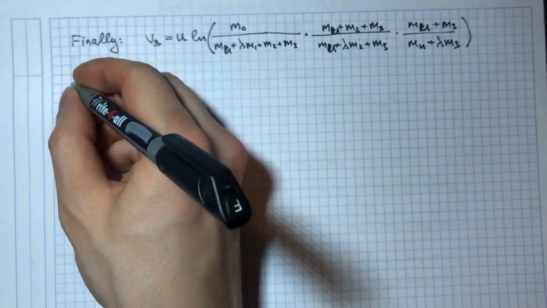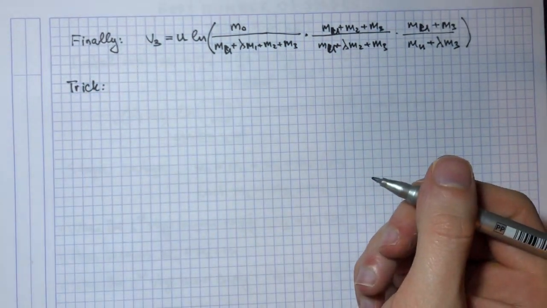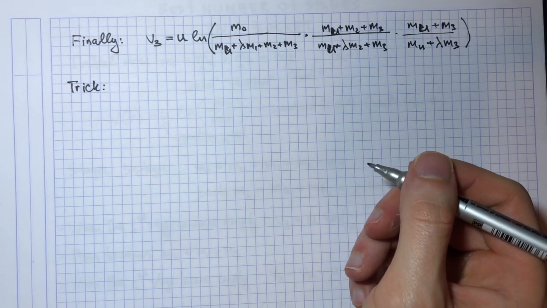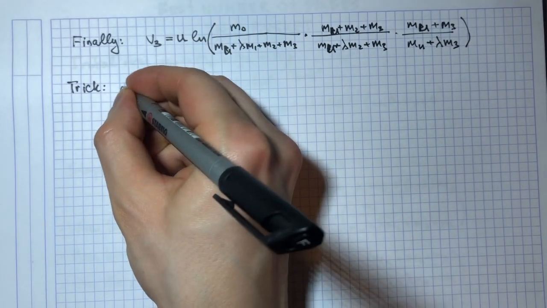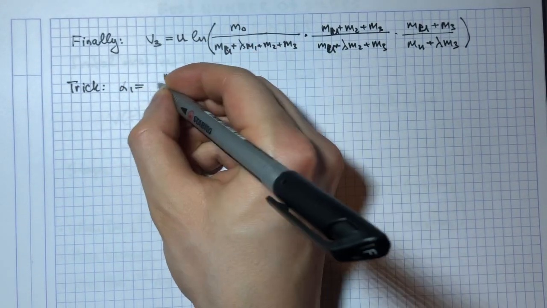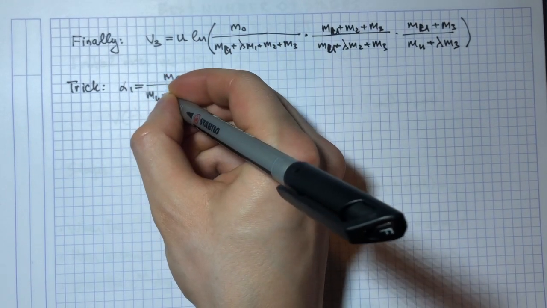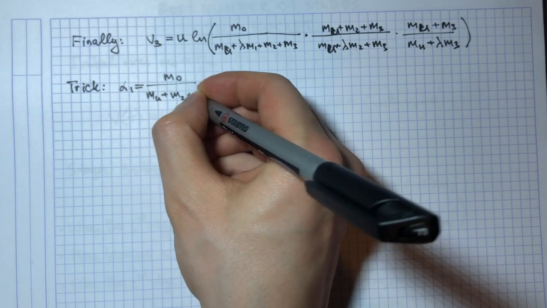So now I suggest we slightly rewrite our expression by introducing the following variables. Alpha 1 is m naught over m useful plus m2 plus m3.